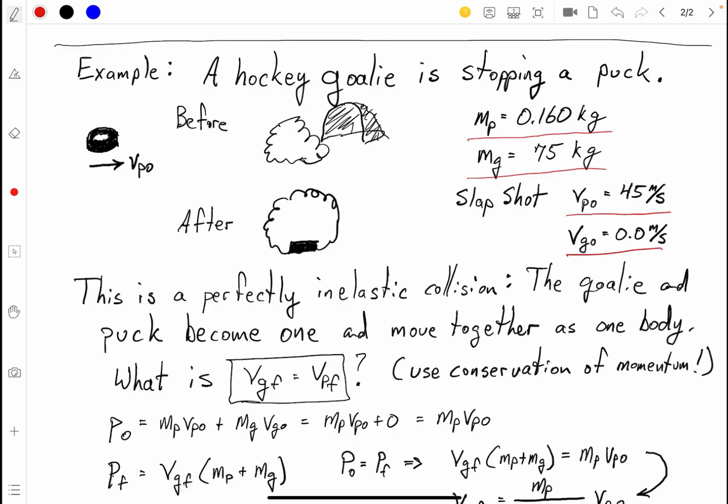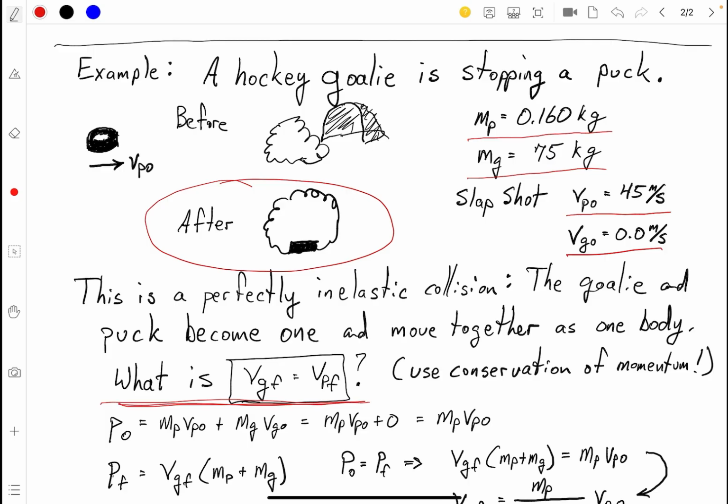So good. All right, so it's perfectly inelastic because the goalie and the puck become one and they move together as one body. All right, so here's what happens after the scene. The amorphous blob has absorbed the puck and they are one. Okay, so we want to know this question right here.